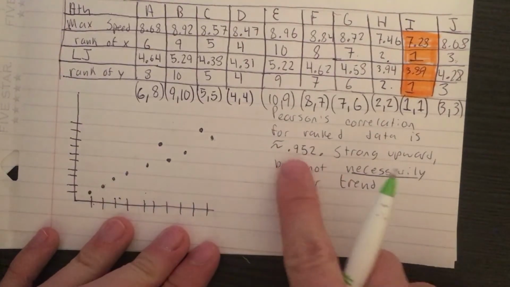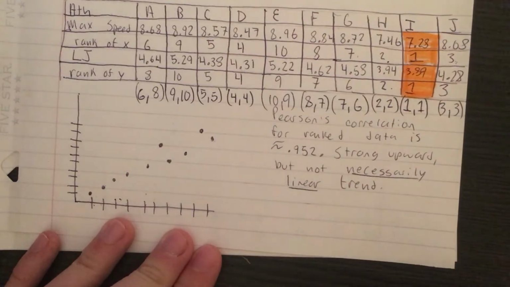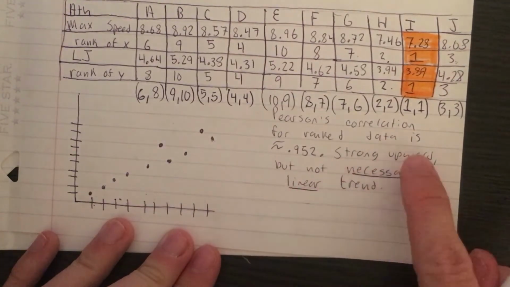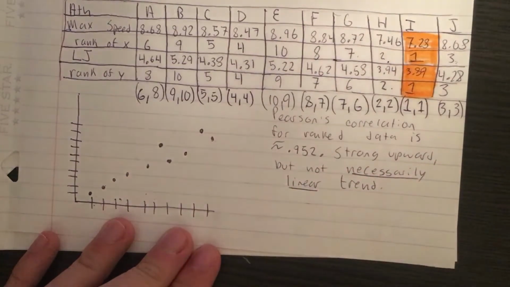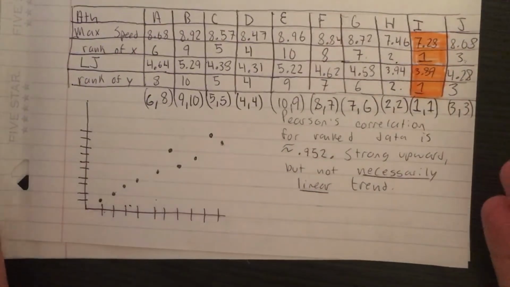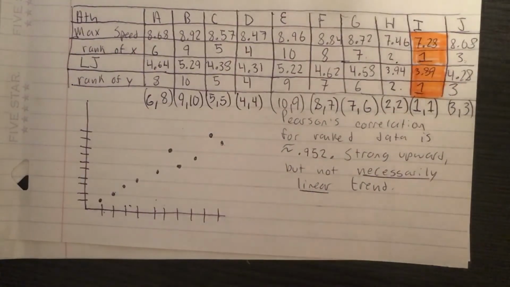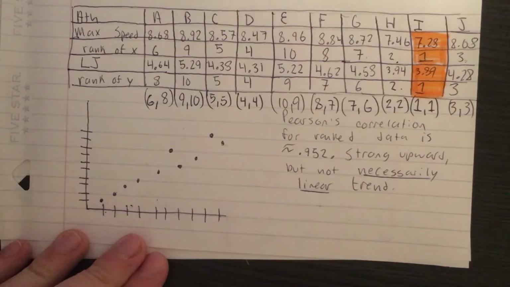And what the Spearman's correlation is going to tell us is that there is a strong upward, but not necessarily linear trend. We run Spearman's when we're not 100% certain that it's linear, but we want to see if there's an upward trend or a downward trend in the data, or if it's just distributed randomly.